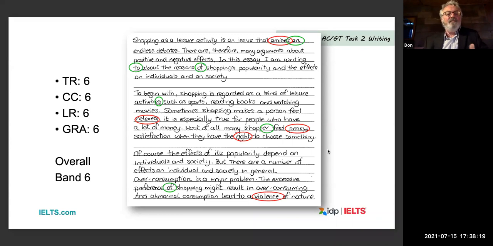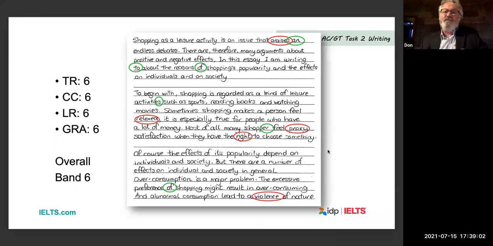And here we see some of the grammatical errors. A lot of the grammatical errors are about the use of prepositions and articles and plurals and singulars. Here it says "an issue that raises an endless debates." Debates is plural. An endless debates, or an endless debate. Something is wrong. "In this essay, I am writing to about." We don't need the "to." We already have a preposition there.